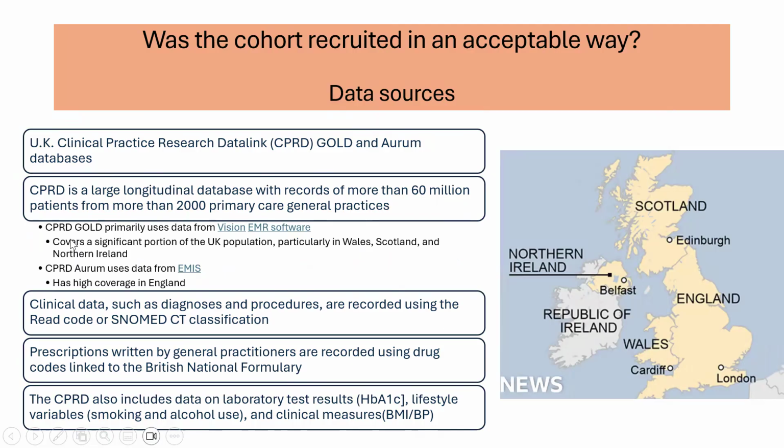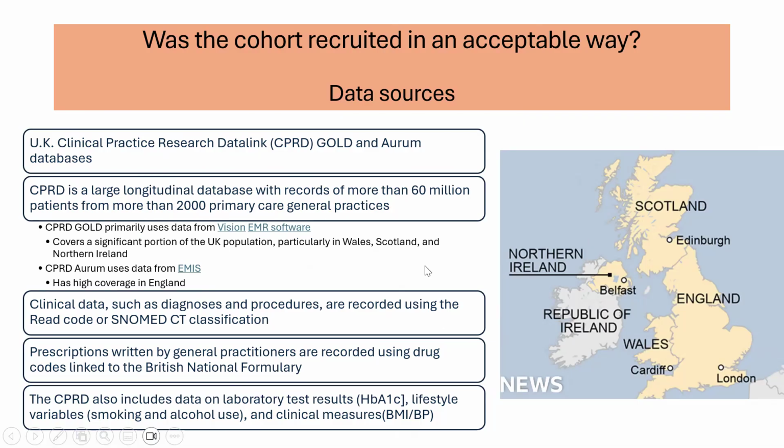The difference between the two databases is the software they use. CPRD Gold uses Vision EMR software, and CPRD Aurum uses EMIS software. Gold is more used in Wales, Scotland, as well as Northern Ireland, and Aurum is predominantly used in England.